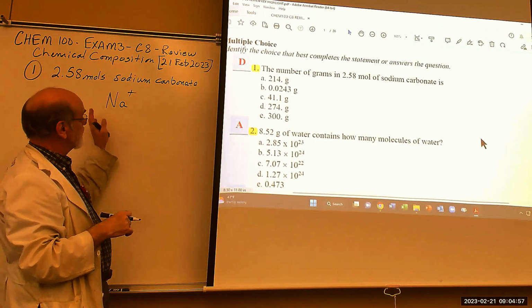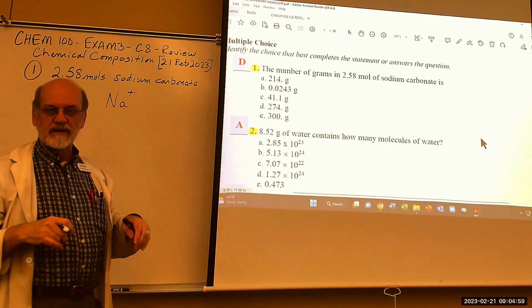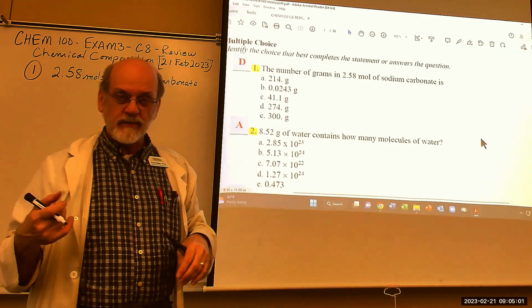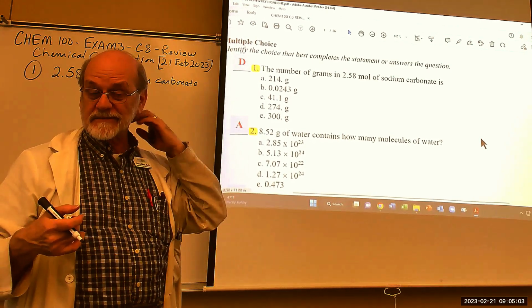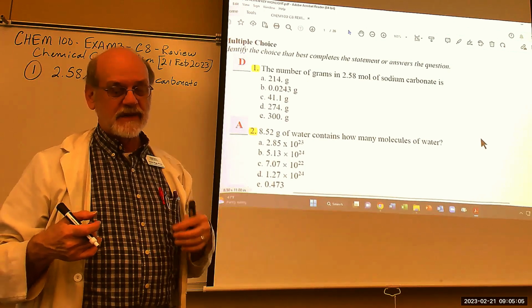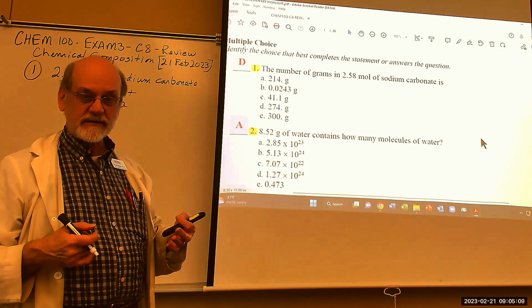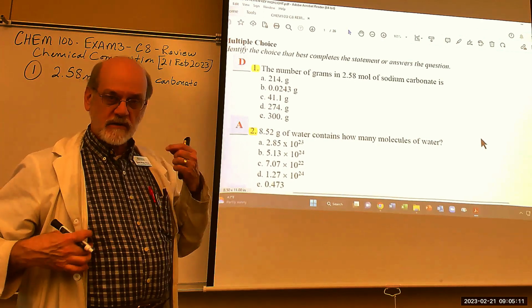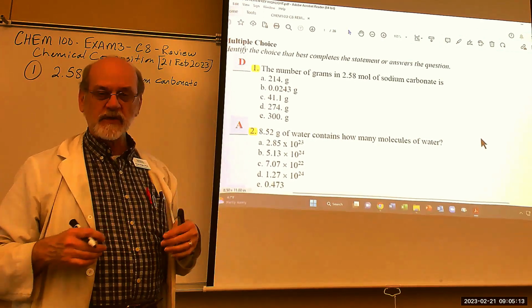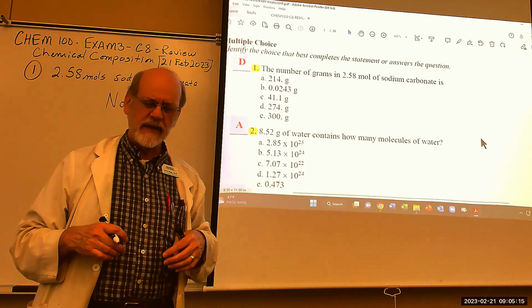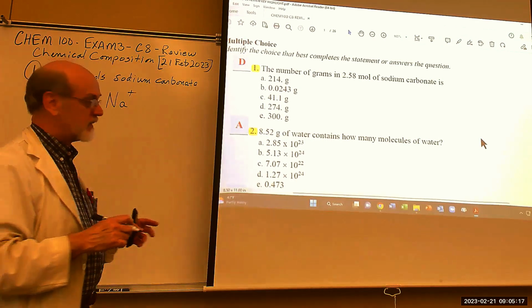So what about the rest of the name? Carbonate. Is there any element in the periodic table that's carbonate? There's a carbon, but there's no carbonate. That is a polyatomic ion. So you need your table with the polyatomic ions and look it up.